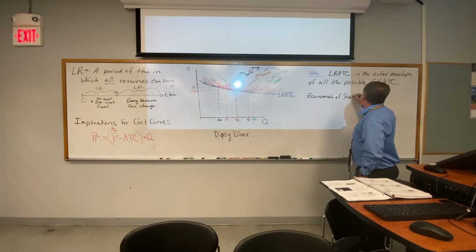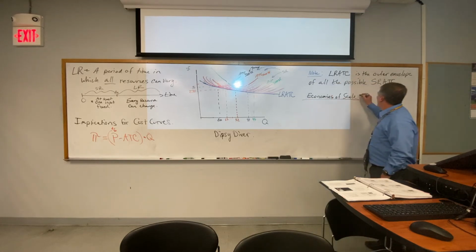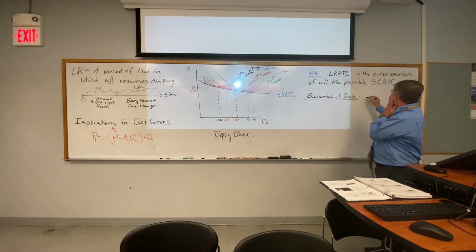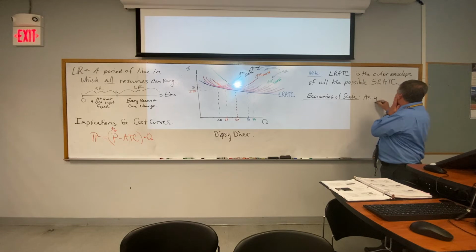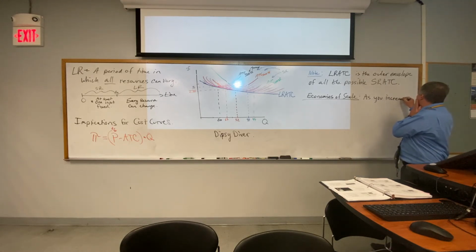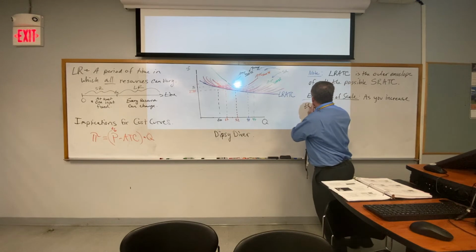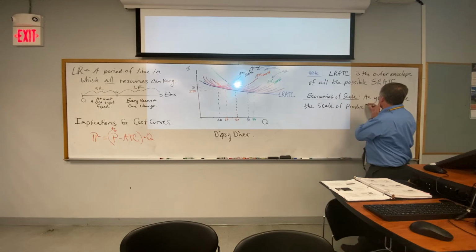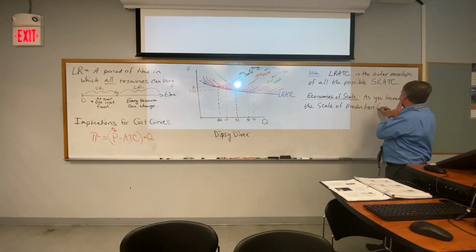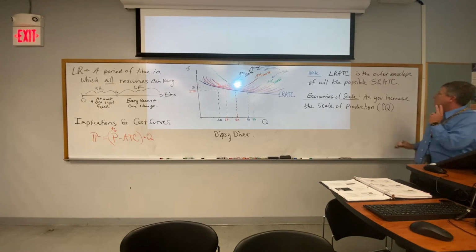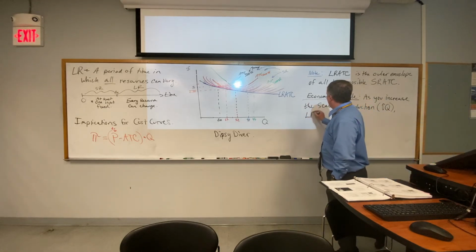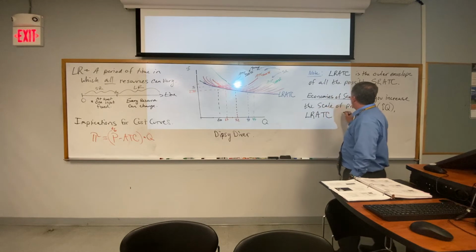And then let's define economies of scale. Economies of scale is a situation where, as you increase the scale of production, which is varying all resources, so increase Q, long run average total costs fall.